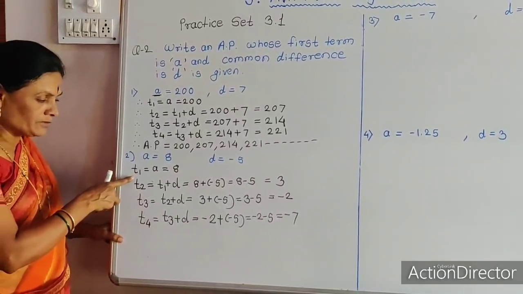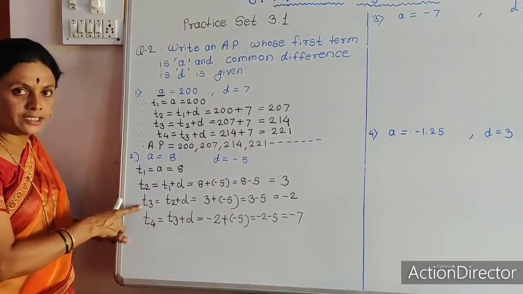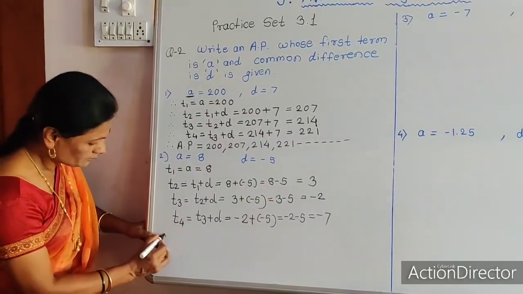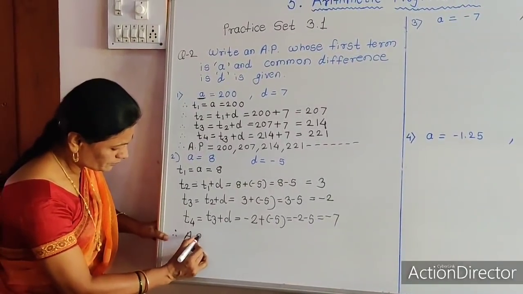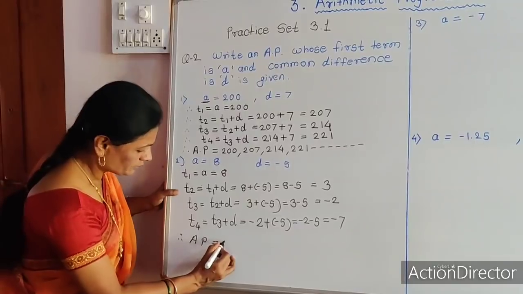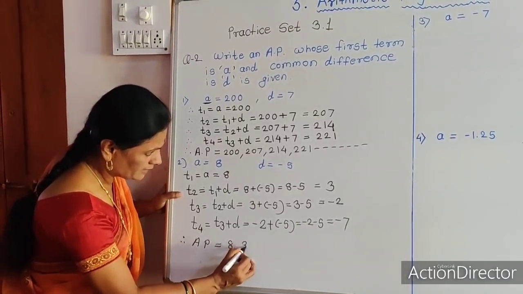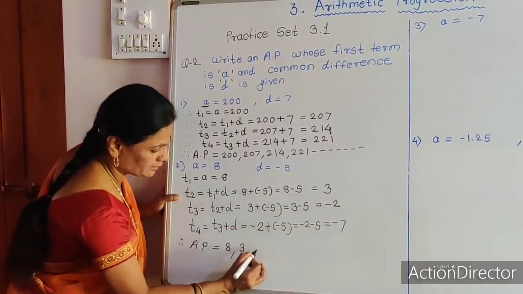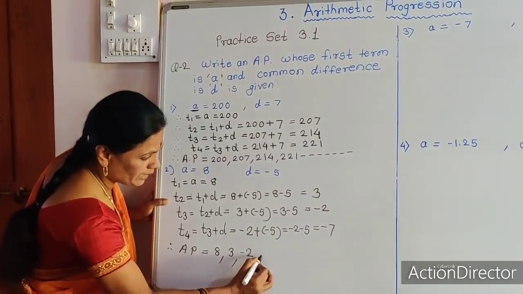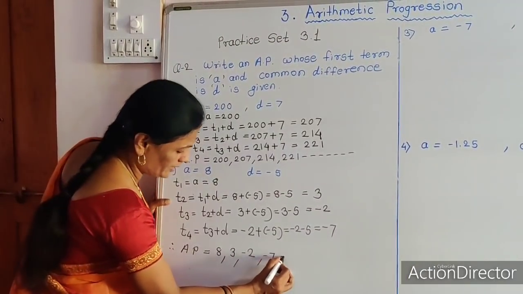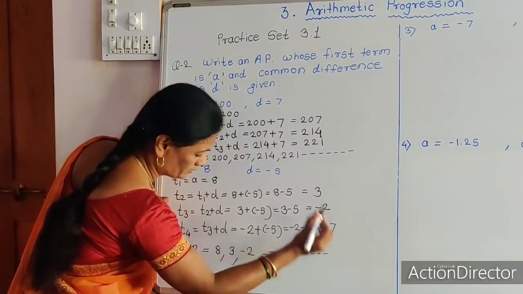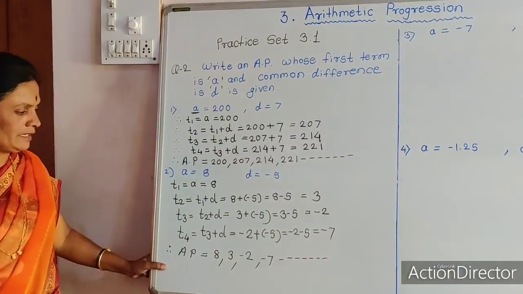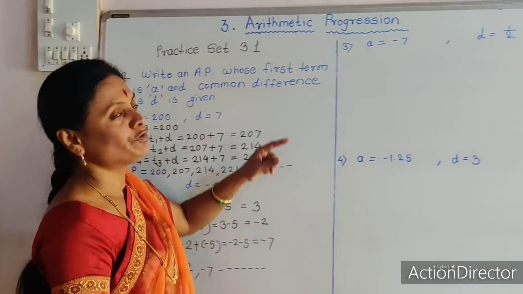We get T1, T2, T3, T4. Therefore, we write the AP: first term is 8, second term is 3, third term is minus 2 and fourth term is minus 7 and so on. This is an AP.